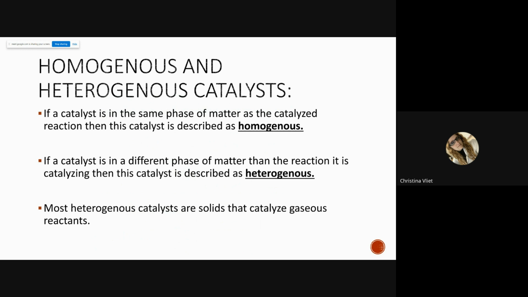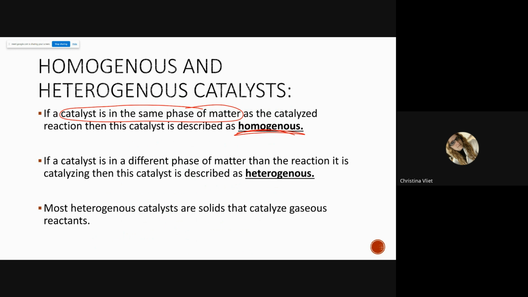One type is a homogeneous catalyst, and this actually means that your catalyst is in the same phase or state of matter as the reactants in the chemical reaction. So for example, if your reactants were gases, your catalyst would also be a gas. If your reactants were aqueous, your catalyst would also be aqueous. This is what we call a homogeneous catalyst. So the states match.